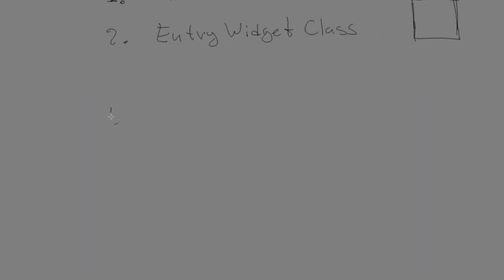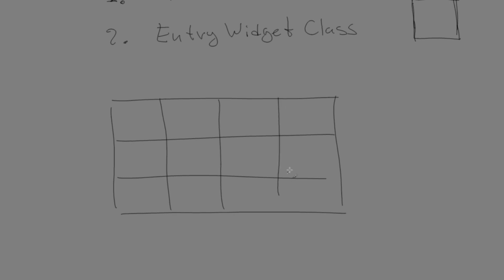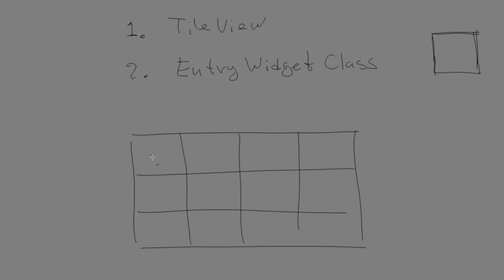The entry widget class is a user interface, like a UI for the tile view. Tile view is just a grid, right? And we need the user interface for what we want to put here.